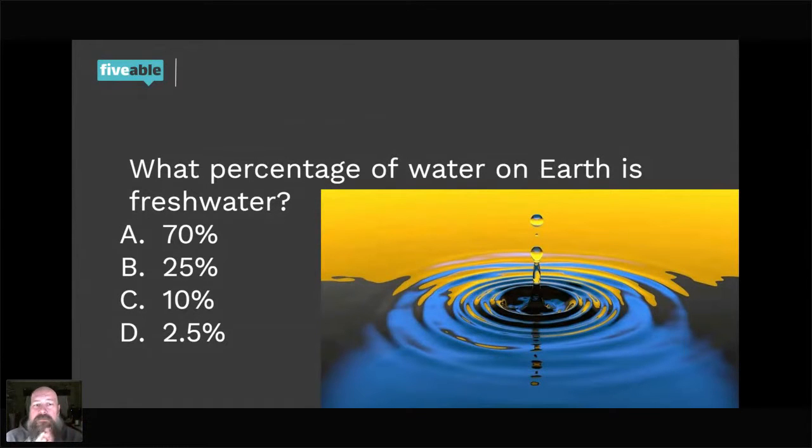Only about 2.5% of all the water on our planet is actually fresh water. And even less than that, I think it's close to 1%, is actually drinkable, usable. Basically, it's not locked up in glaciers and such. So there's just a small portion of what's on our planet that we can consider to be drinkable, or even fresh water.